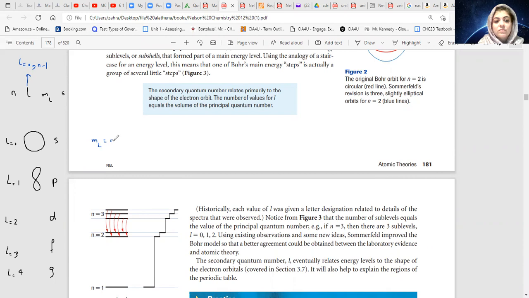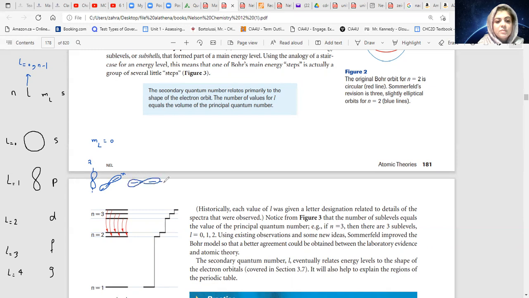So m_l is 0. If it is a dumbbell, it could be along the x-axis, y-axis, or z-axis.